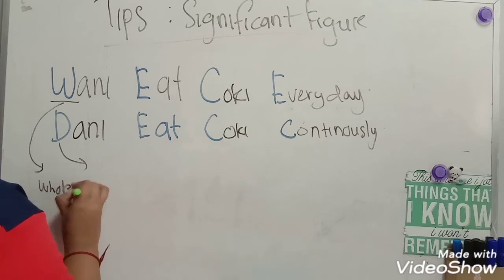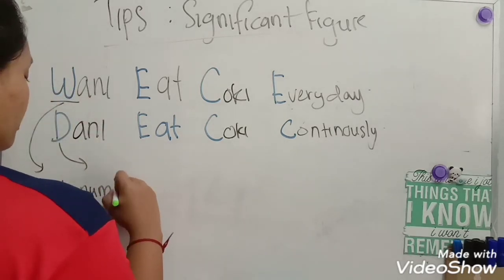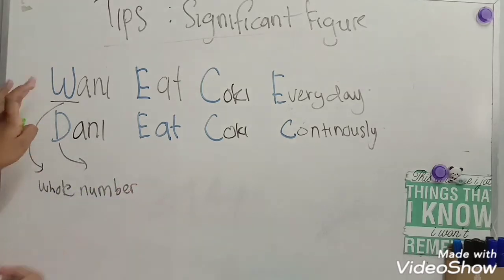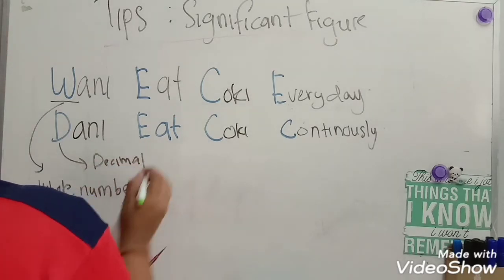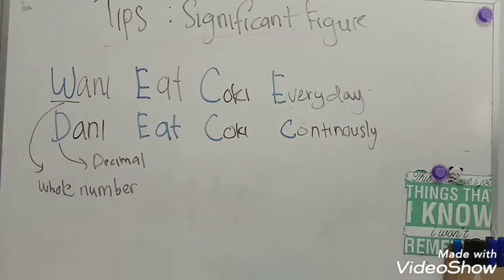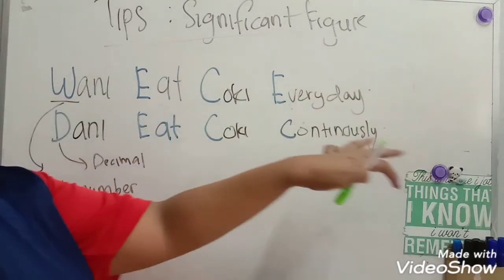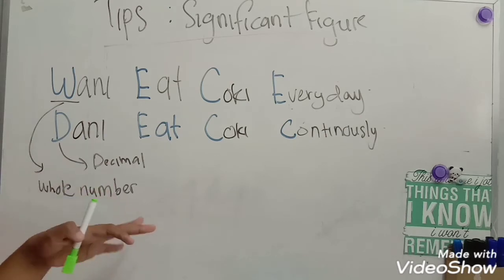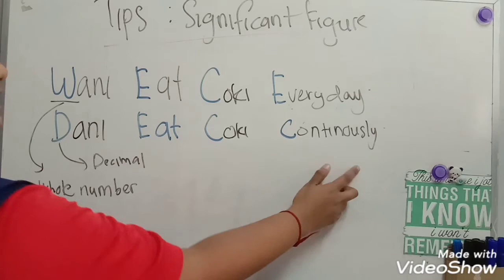Wani, which is W, tells you that this is the rule for whole numbers. And this is the rule for decimal numbers. So when you want to do a whole number, you can remember that Wani eats Choki every day. If you want to do the significant figures for a decimal number, you can continue with this: Danny eats Choki continuously.